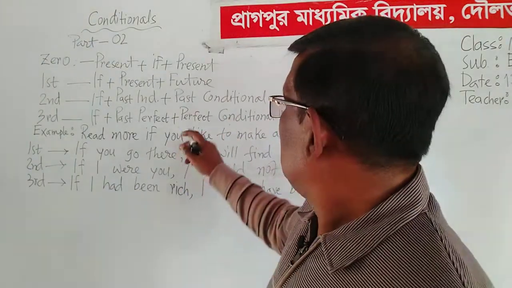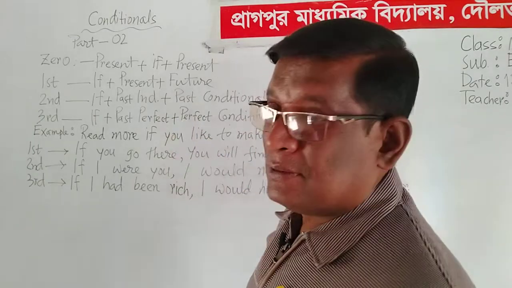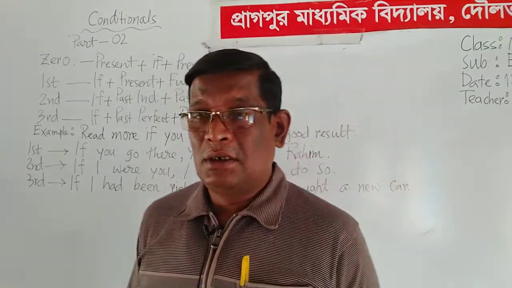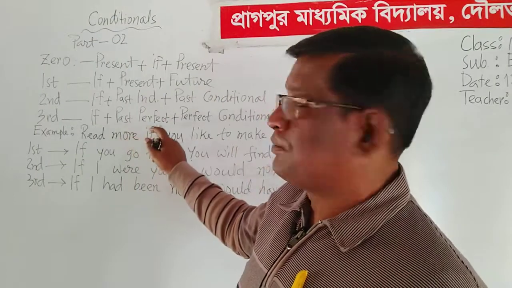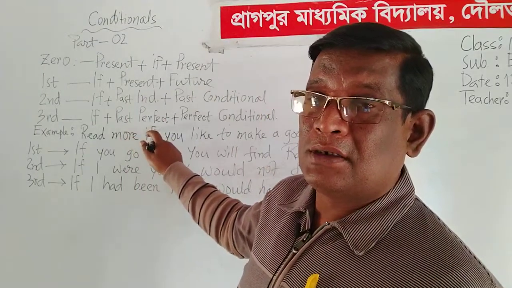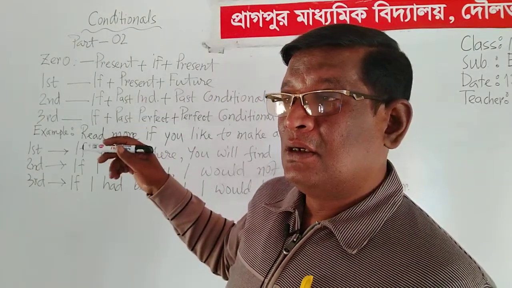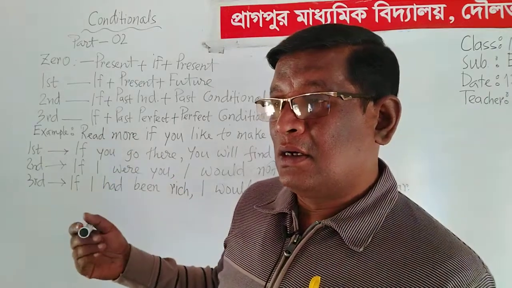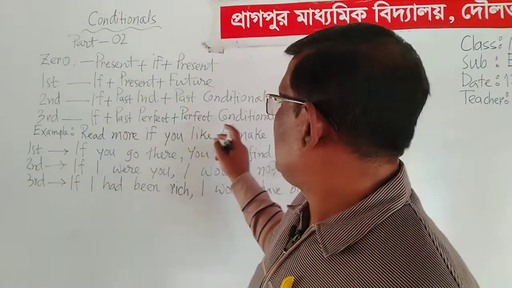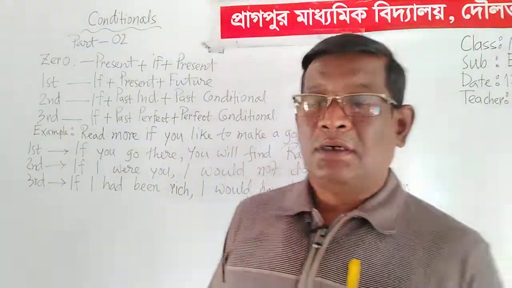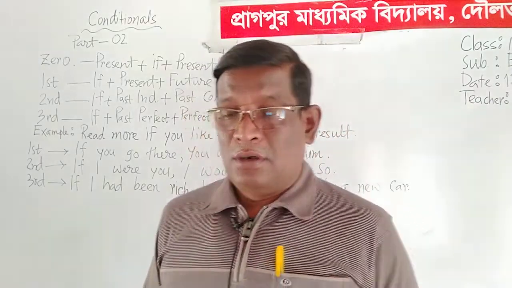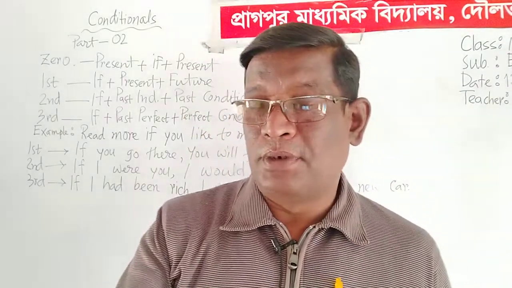Clear? Then what about the perfect conditional? We know very well what past perfect is, but generally we feel uneasy about the perfect conditional. It may be unknown to you. Now I am giving the solution.